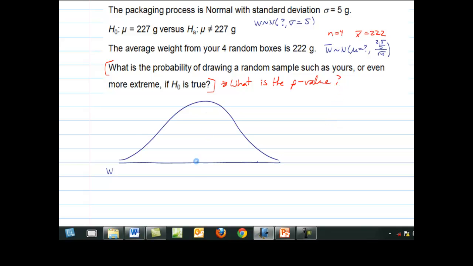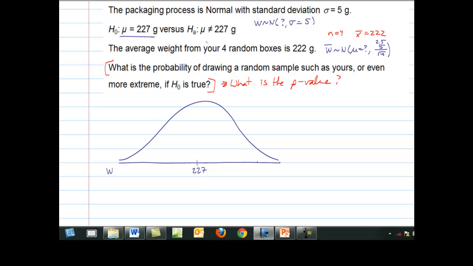So my hypothesized weight is 227 grams. That's from here. Now what I want to do is look at my alternative hypothesis, not equal to. So if I look at this, it says, what is the probability of drawing a random sample such as yours or even more extreme? Well, for the two-tail case, I can be more extreme in two directions.